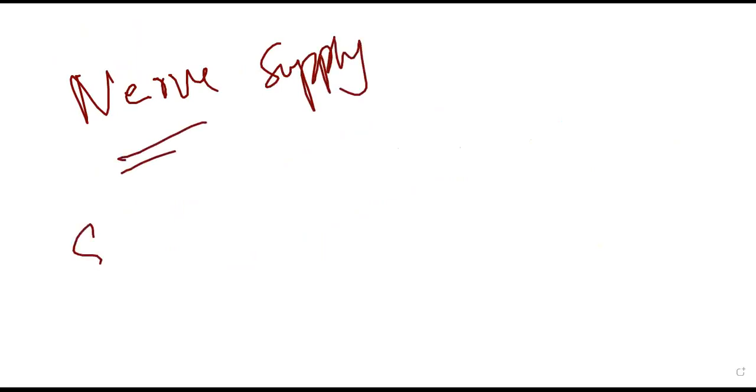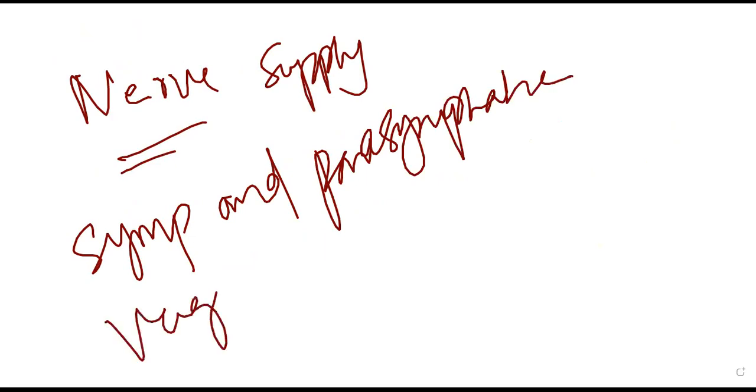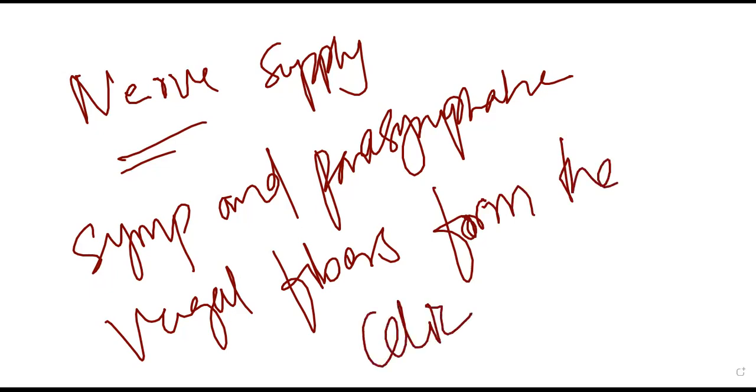Nerve supply. So sympathetic and parasympathetic vagal fibers form the celiac plexus.